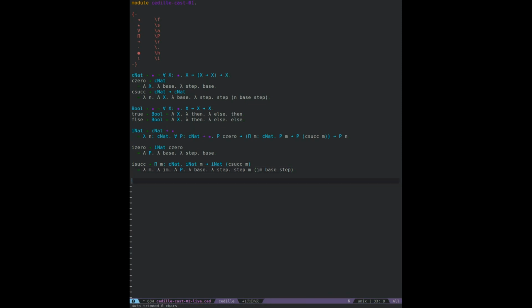Now, we have our CNAT, the natural numbers from the calculus of constructions, and INAT, the proof that these CNATs are inductive. Let us define NAT. NAT is the intersection of those CNATs which are also proofs of their own inductivity.